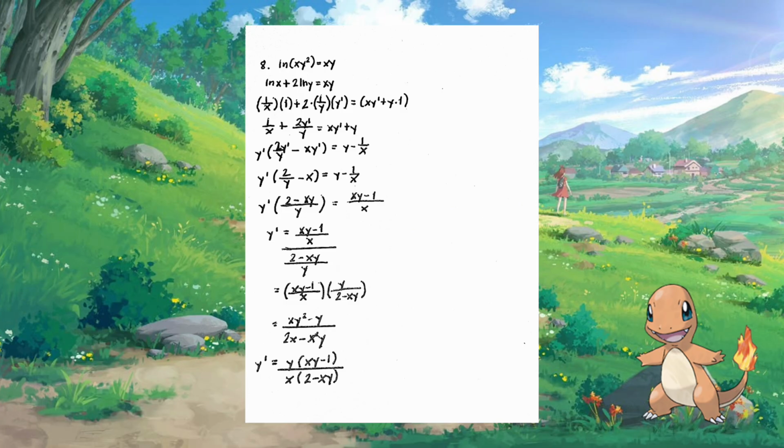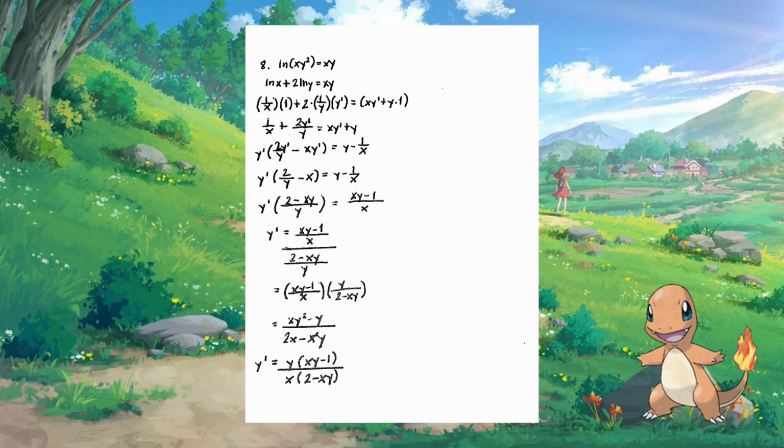And when we combine the fractions, we'll have y prime times 2 minus xy over y is equal to xy minus 1 over x.